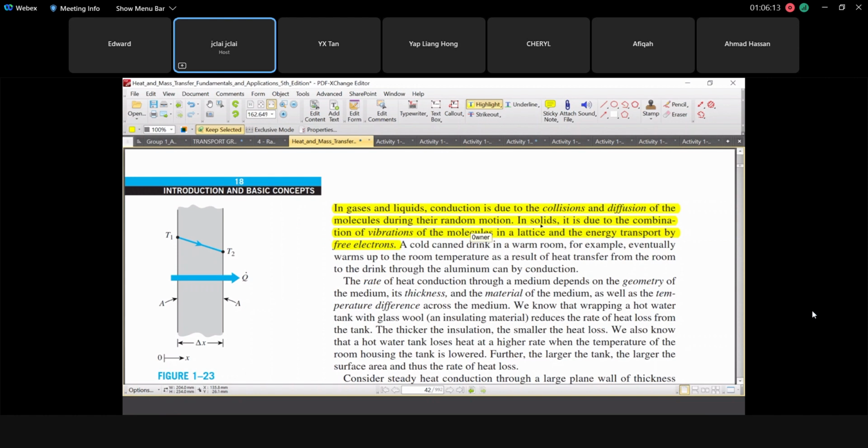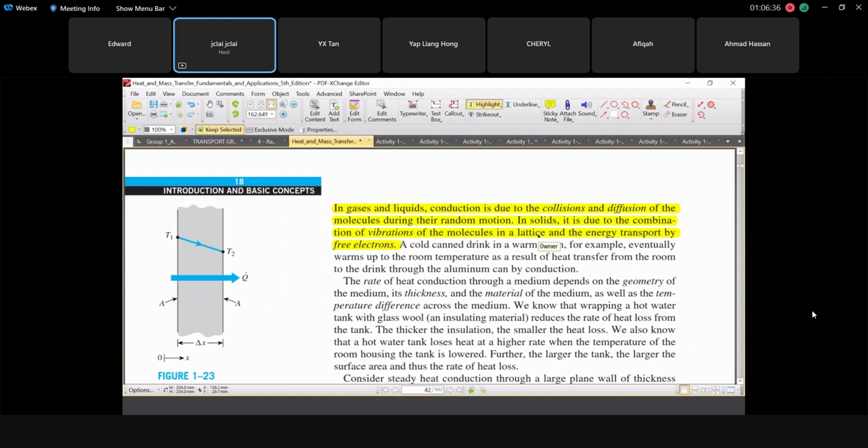In solids, it is due to the combination of vibration of the molecules in a lattice and the energy transport by free electrons. This is for metal. For non-metal, it is vibration of molecules in a lattice. So I want to see all these keywords in your answer.